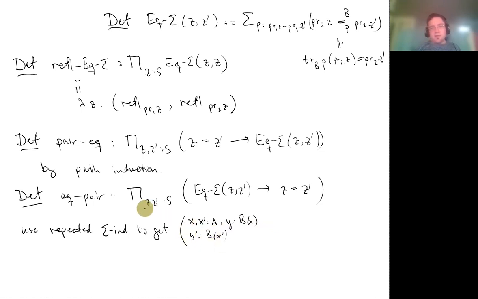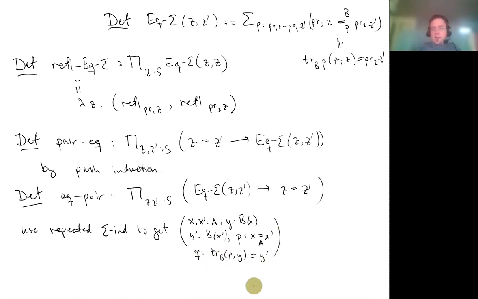So that corresponds to the z and z prime. Now, eq sigma is also a sigma type, so we can split that up into its component pairs. So the first component is going to be a p of type x equals x prime in A. And then there's a q. Let me split it up in terms of the transport: transport B p y equals y prime. Okay, so that's all that we have.